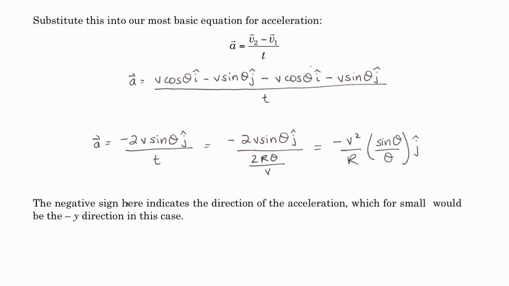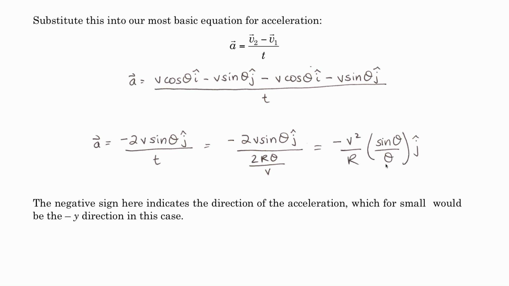So the negative sign is indicating the direction of the acceleration, which is negative j hat. So at the top of the circle, the acceleration of this object is towards the center, right, downwards.